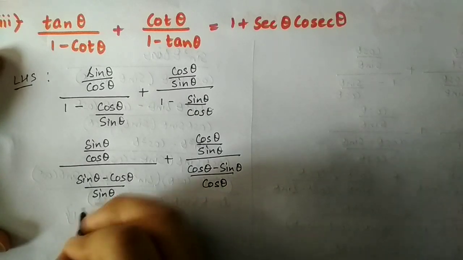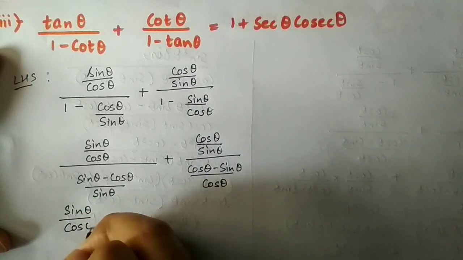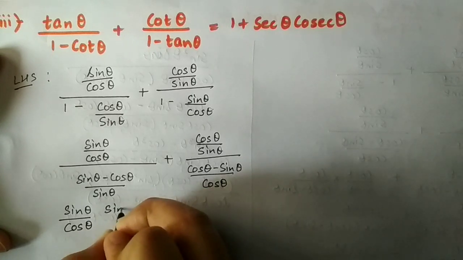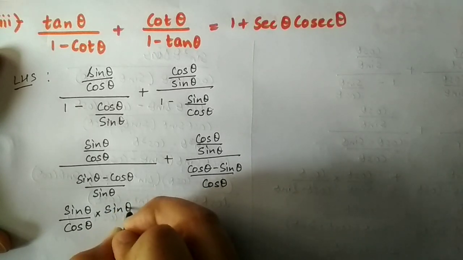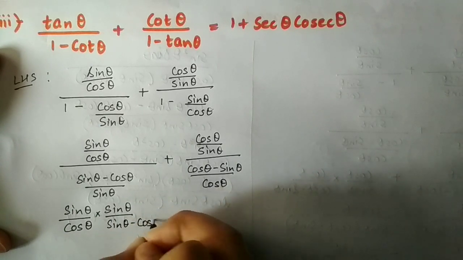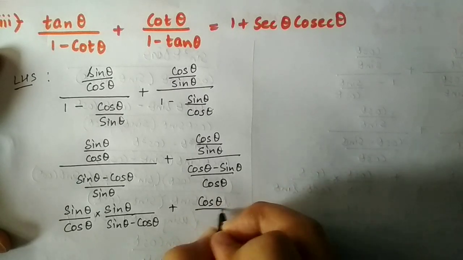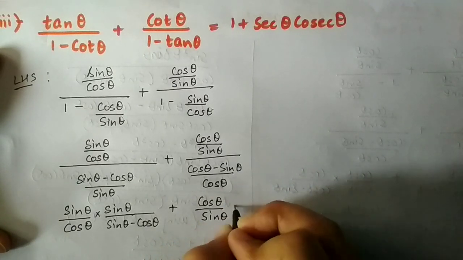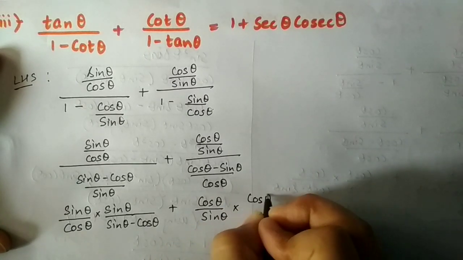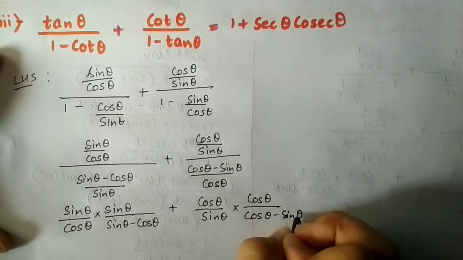Now you can write it as sine theta upon cos theta into sine theta upon sine theta minus cos theta plus cos theta upon sine theta into cos theta upon cos theta minus sine theta.